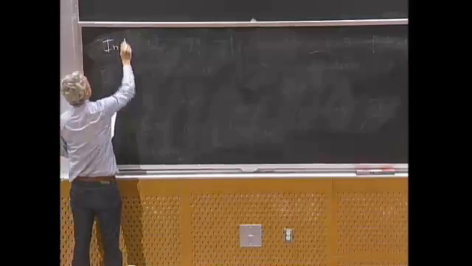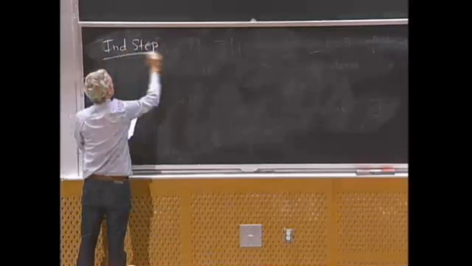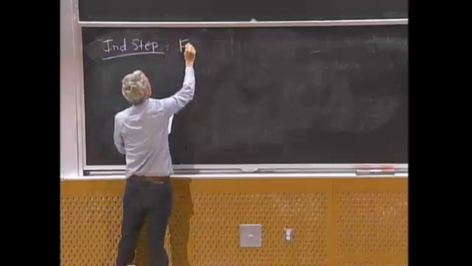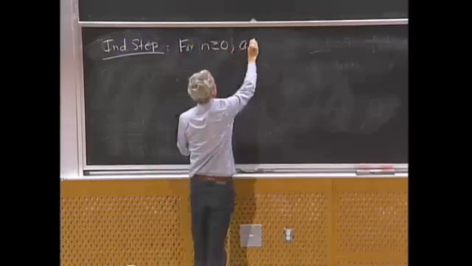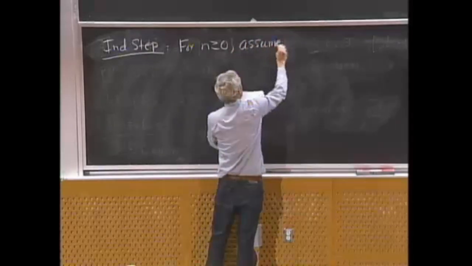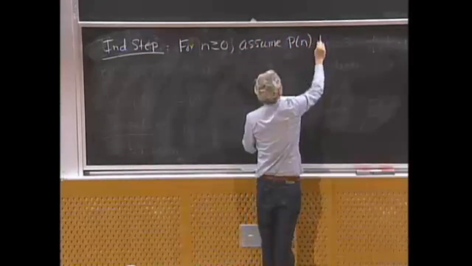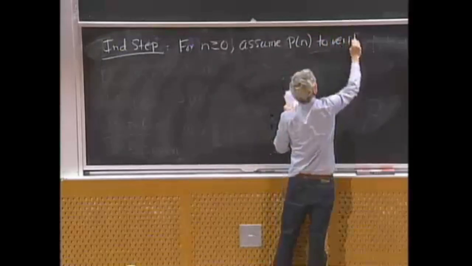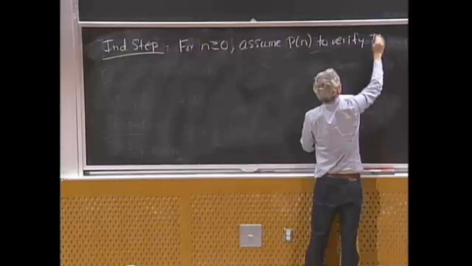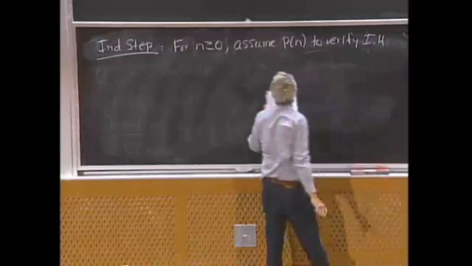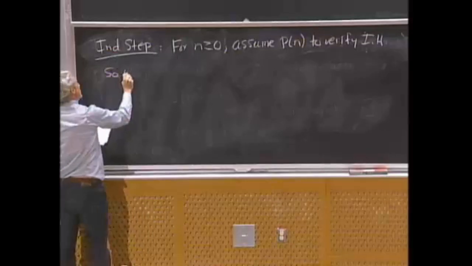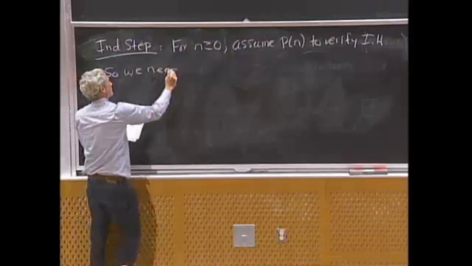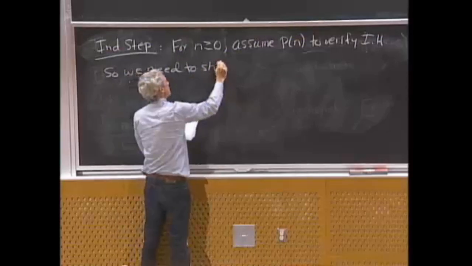Okay, so inductive step. For n bigger than or equal to 0, got to remember to keep track of that now, we assume Pn to prove Pn plus 1. A lot of ways to write this down, but you always want to say what you're assuming and why. So we need to show Pn plus 1 is true.